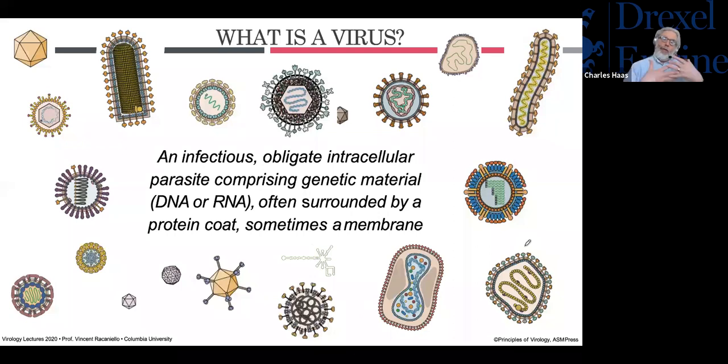So now, in addition to the shape of the virus, we have what type of genetic material is in the virus, whether the coat of the virus is protein only, or also has a membrane, often called an envelope, around it.